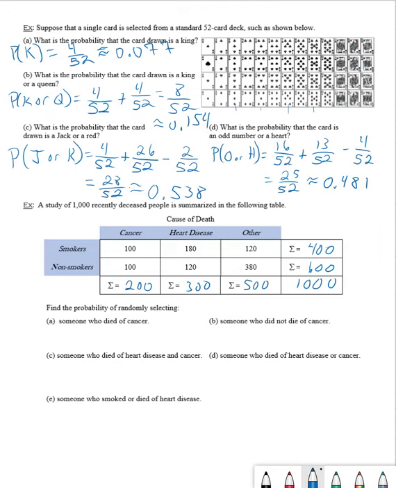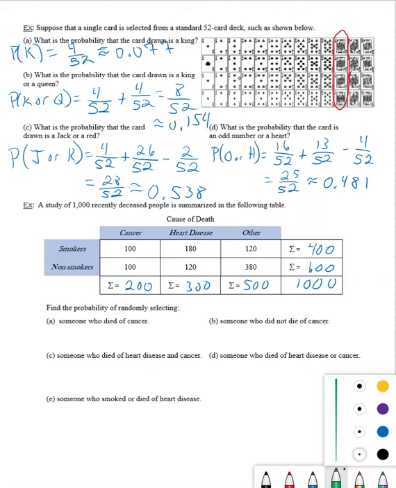All right, and we're back. So for part C, we want to identify the probability that the card drawn is a jack or red. So if we're looking at a jack or a red card, then what I'm going to go through really quickly is I'm going to isolate that we have these 4 jacks, and then I'm also going to isolate that we have these red cards.